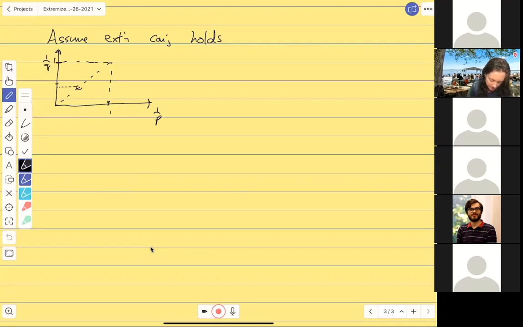So the assumption is that in this trapezoidal region, we have the boundedness of the extension operator. In reality, we need less than this. So for points here, we need validity of the conjecture in the neighborhood of the point. And for points on the scaling line, again, we need validity of the conjecture in a neighborhood of the point, where we already know the conjecture above the scaling line because the inequality is false.